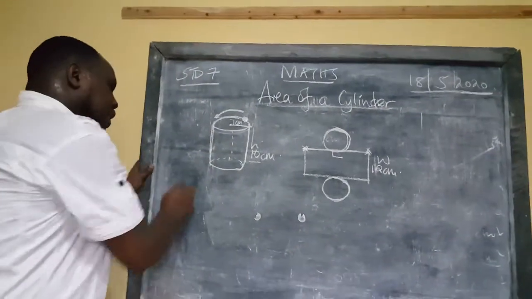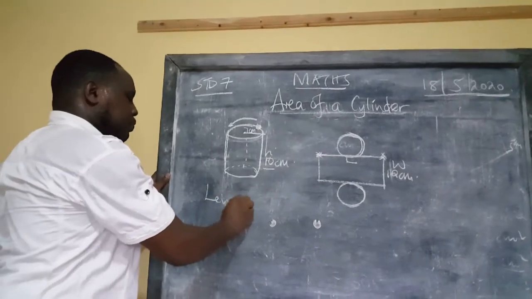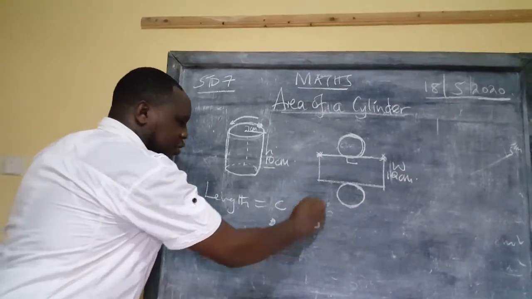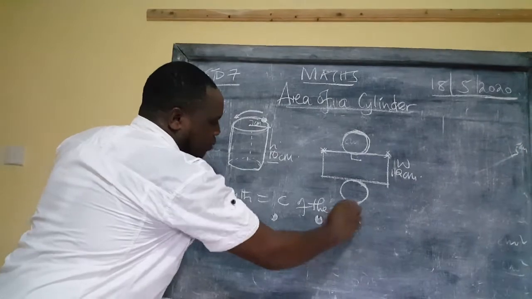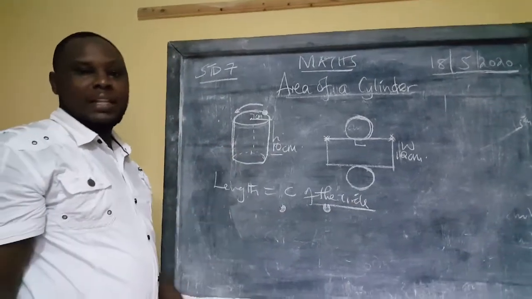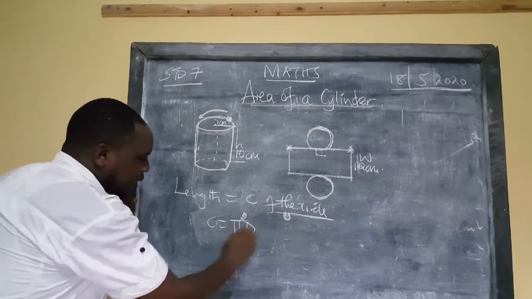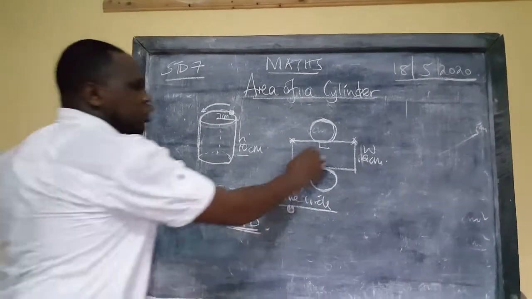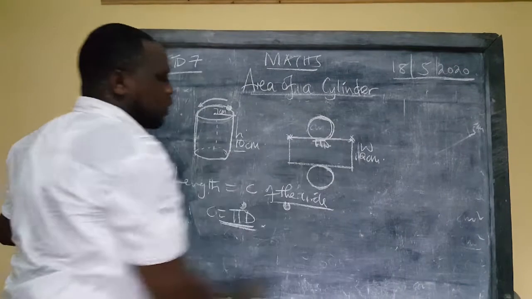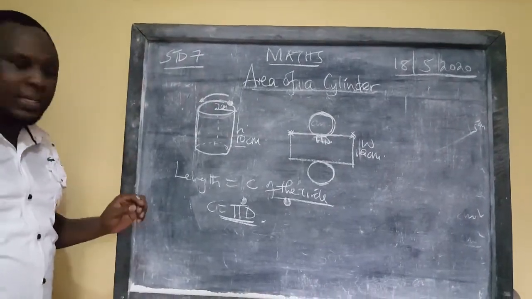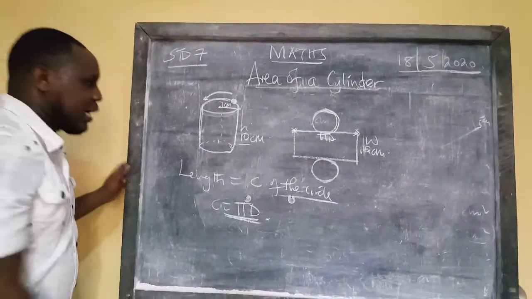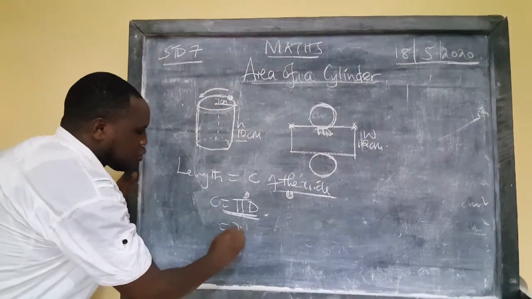Now I told you the length of the rectangle is the circumference of the circle. That is what is going to give us the length. How big is circumference? Circumference is equal to pi d. So if you want to get the length, we get pi d. So for us to calculate pi d, that is 22 over 7.